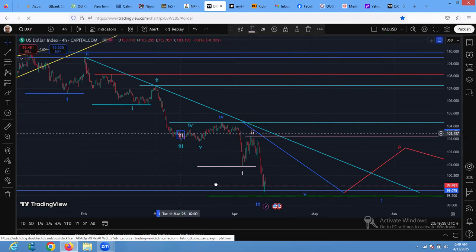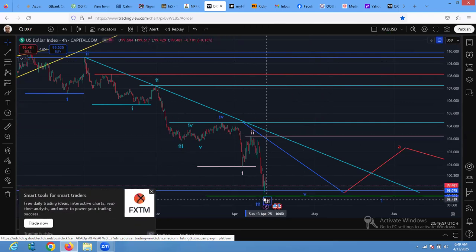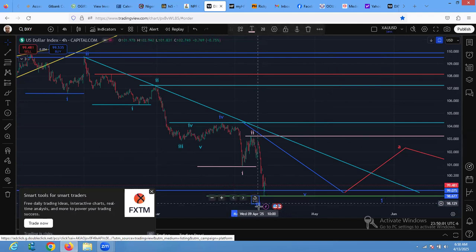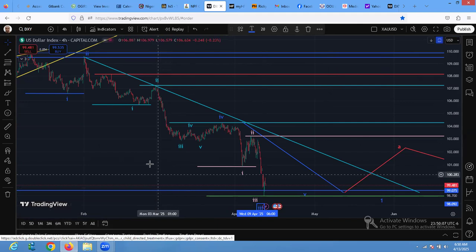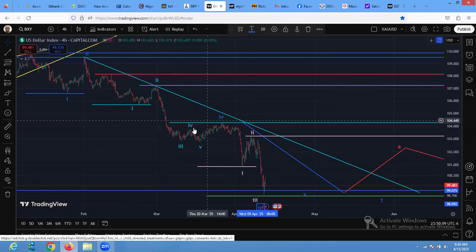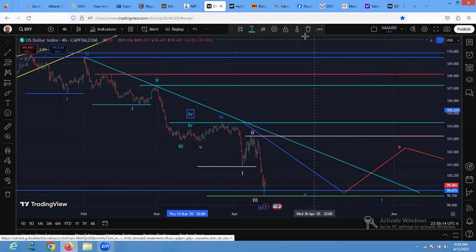So if we regard this as the third wave of these three in the blue for now, which may not have ended, we should still expect this four in the pink. That is what I'm saying now.